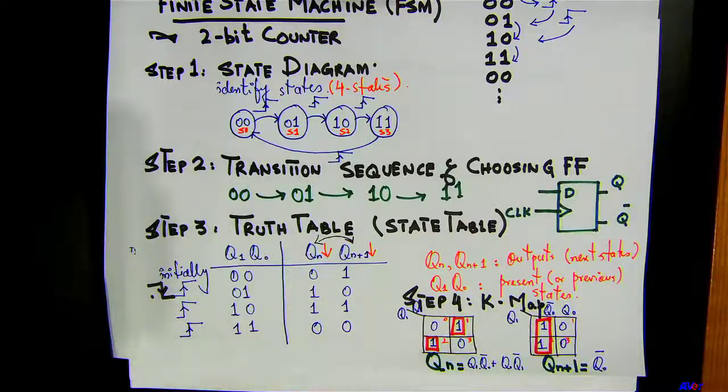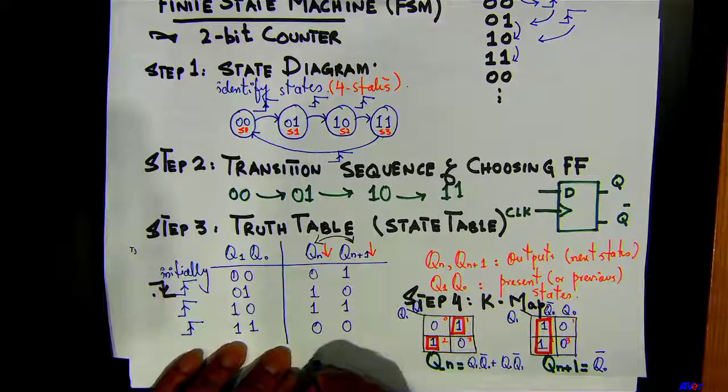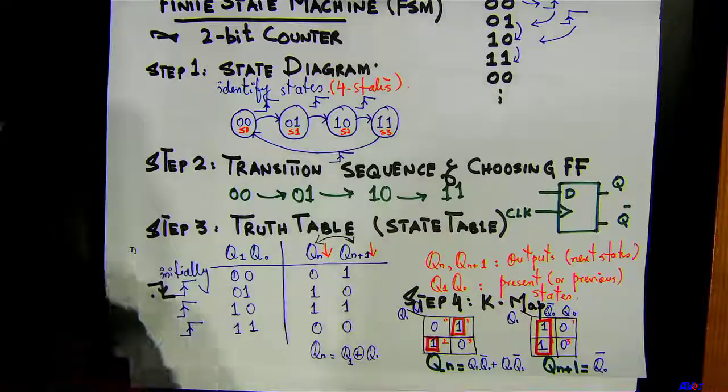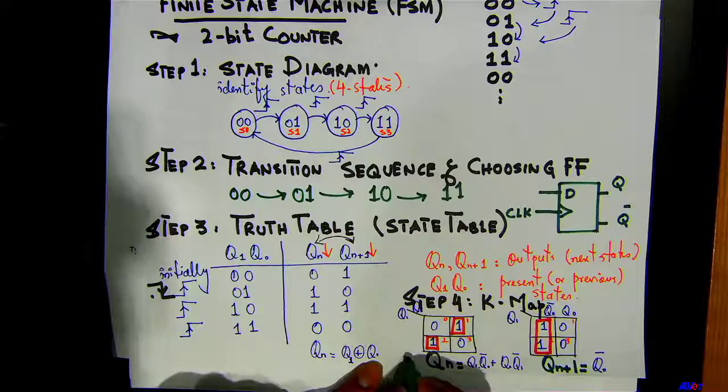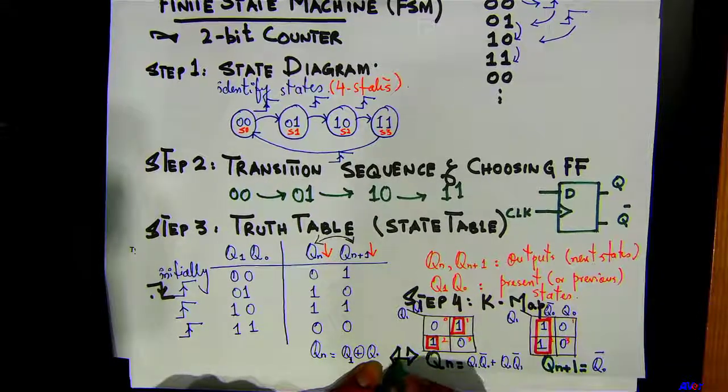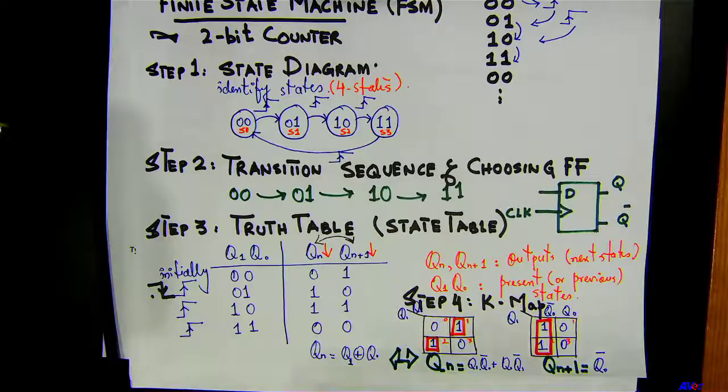Okay. This equation for Qn, can I also just make an exclusive OR gate out of it? Okay, so let me just write it down as Qn is equal to Q1 exclusive ORed with Q0. Okay. All right.